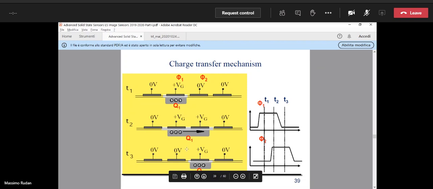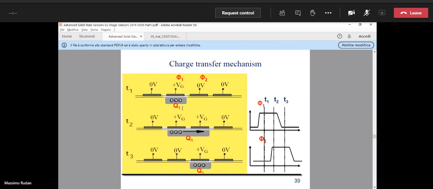It is for this reason that we need the distance between the gates to be minimum, because we need a unique depleted region to form when we have two gates high nearby. If the gates were too far from each other, instead of having a unique depleted region, we would have two independent depleted regions and no transfer of charge would be possible.